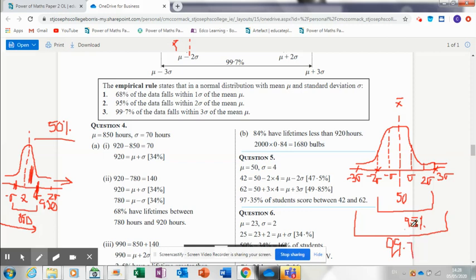So the difference between 95 and 99.7 is 4.7%, right? 4.7%.